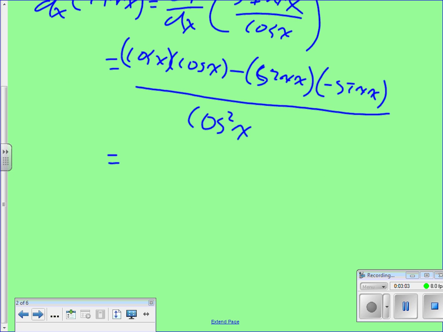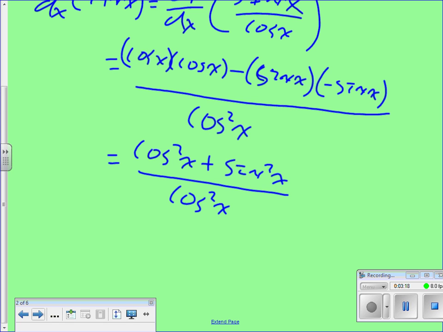Okay, so let's simplify. Cosine x times cosine x is cosine squared x. Sine x times sine x is sine squared x. And a negative times a negative is a positive, over the cosine squared x. What's cosine squared plus sine squared? 1, the Pythagorean identity.